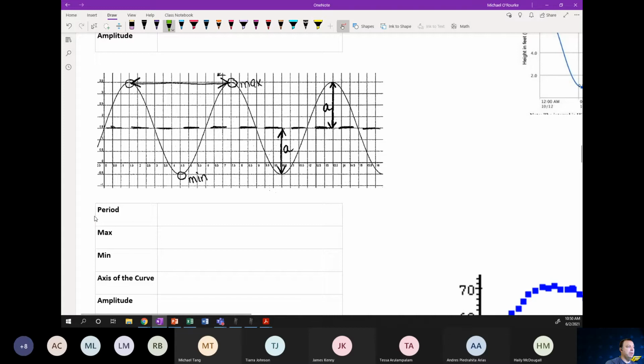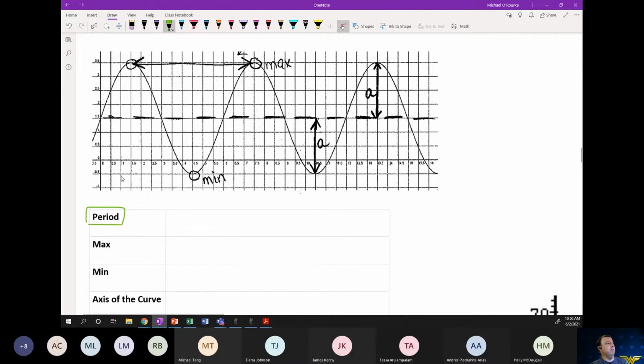So what's the period of this graph? And you can tell me if you guys need this blown up a little bit more, or if that's okay. We're looking for a period, how long it takes to go through a whole rotation. So I'm going to go from max to max. I'm going to start here and go here. So what's the distance here?